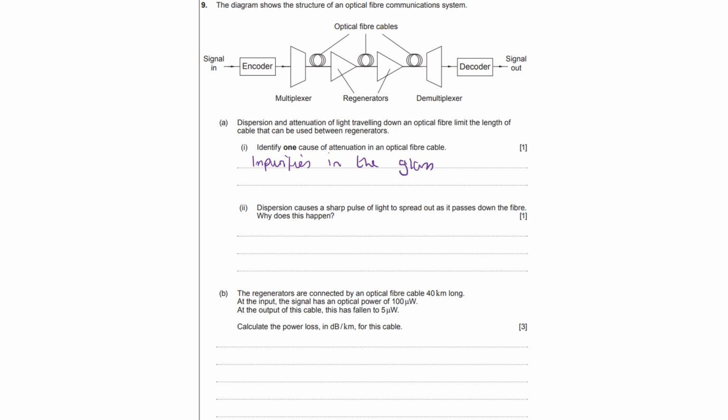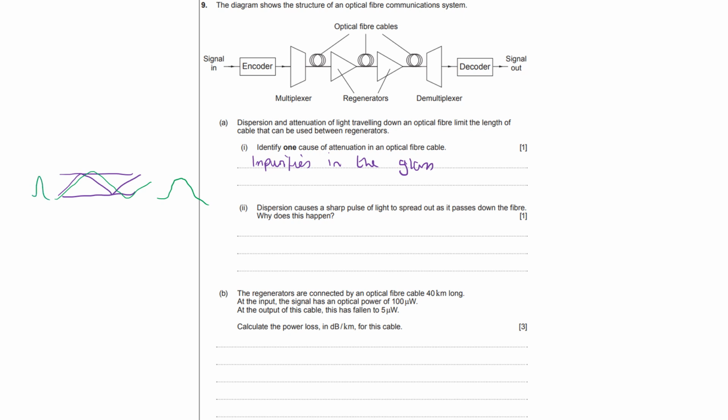Dispersion. What do we mean by dispersion? Well, light, unless it's purely one frequency, if you've got more than one frequency going down, then they will take different paths, not lengths, different paths. So when you get this at the end, the pulse may not be as sharp. So it disperses.